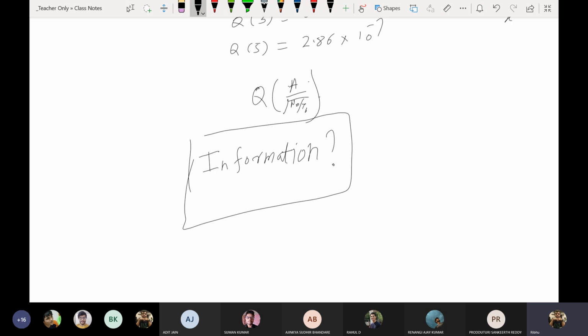Information is something that has meaning. Maybe. So what provides us meaning? Uncertainty.